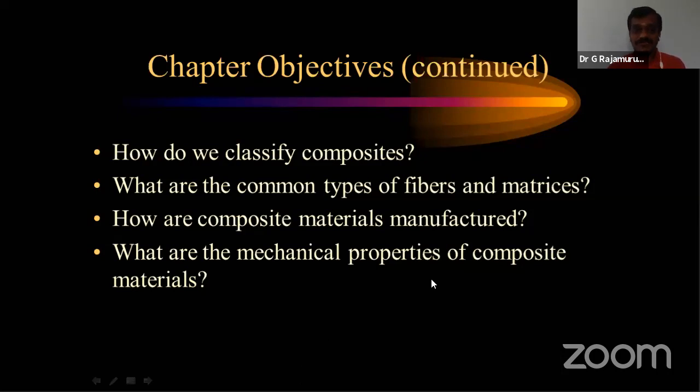These are the other types of property one can expect, but the expectation of properties depends upon where you are going to apply this composite. That matters. Based upon the application only, I can expect the property from the composite material, and based upon the expectation of the user end, you have to enhance the property by selecting the appropriate matrix as well as the reinforcement.